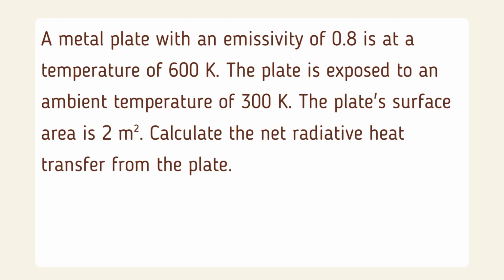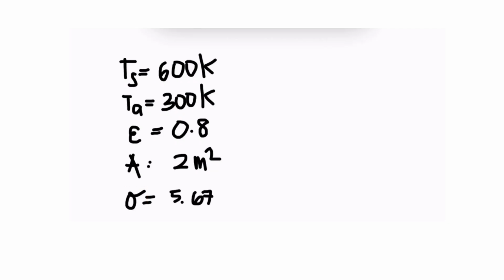The given values are surface temperature 600 Kelvin, ambient temperature 300 Kelvin, emissivity 0.8, surface area 2 meters squared, and our Stefan-Boltzmann constant, which is 5.67 times 10 to the power of negative 8 watts per meter squared Kelvin to the fourth power.